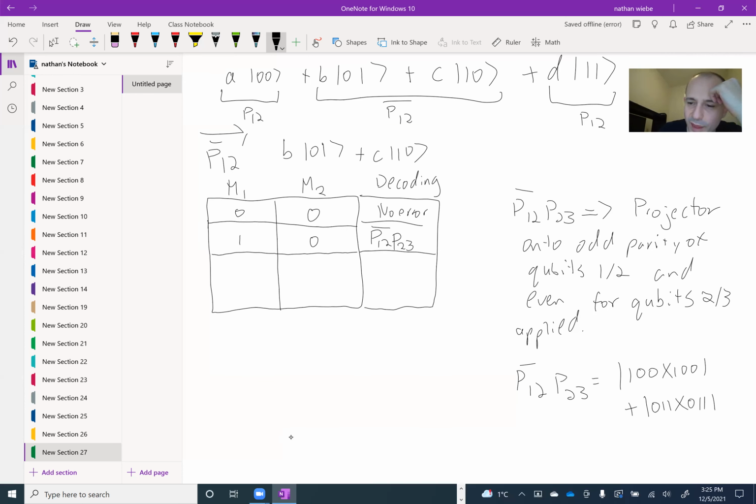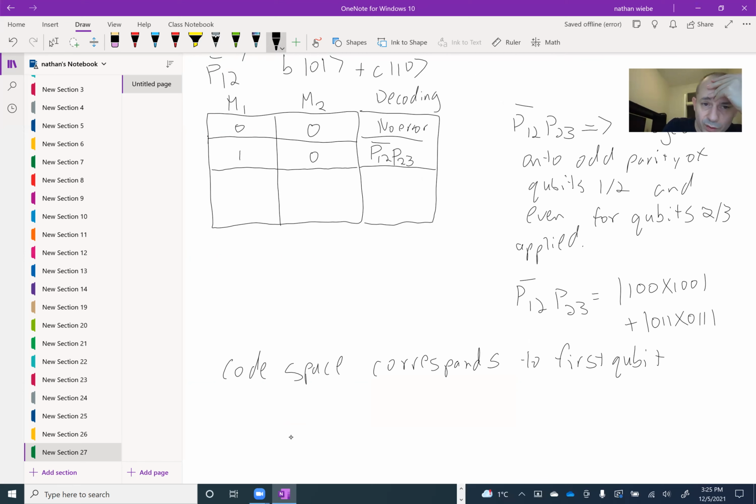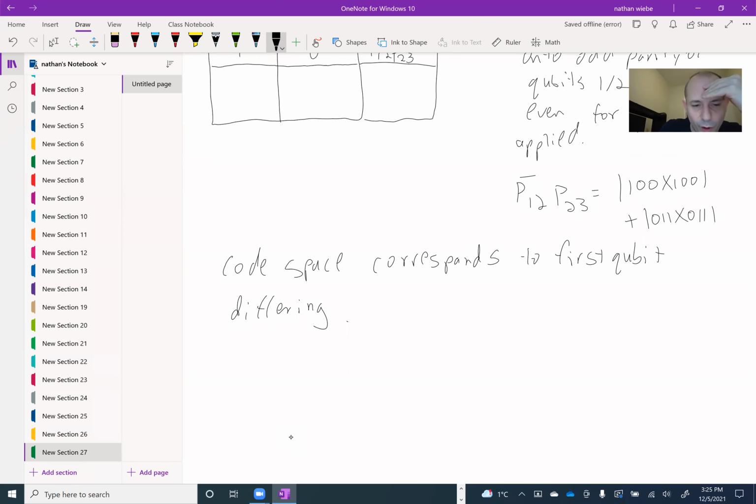So if we take a look at these two measurements, then, well, let's just take a look at this. This code space corresponds to the first qubit. Now, we need to come up with a way for our decoder to map this back to a vector in the code space.